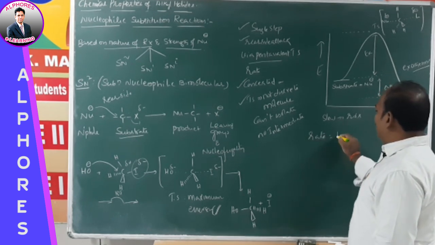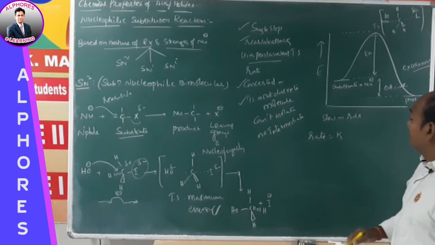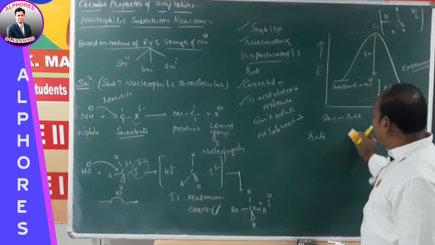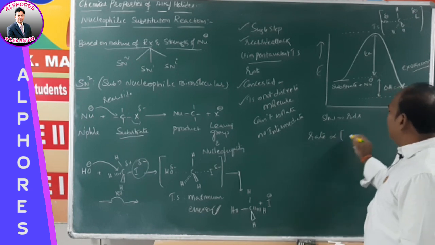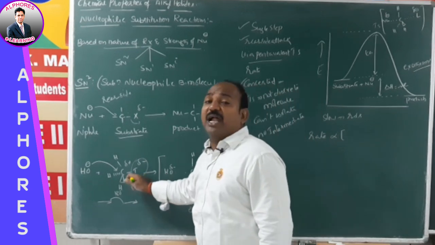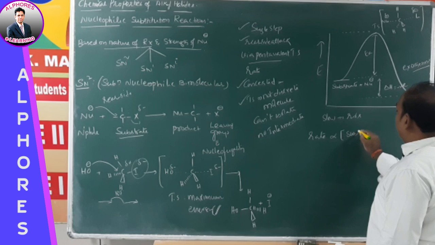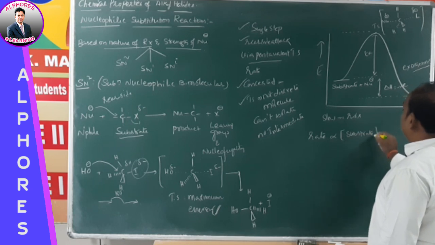here rate is proportional to, K is the proportionality constant, the concentration of substrate and also the nucleophile. Hence rate is proportional to substrate concentration and also nucleophile concentration.